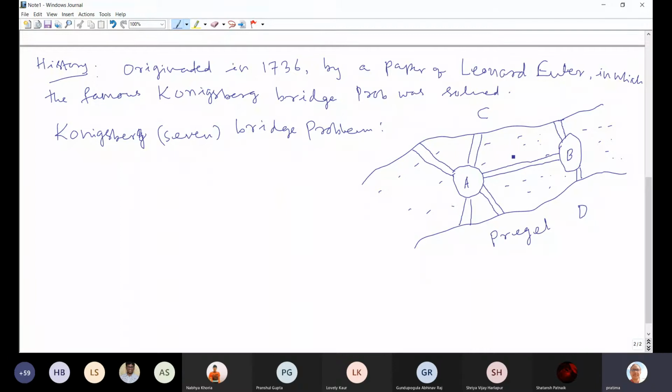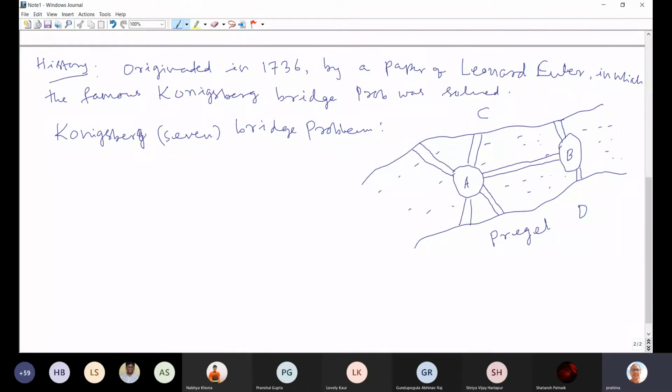So the puzzle here is: start at any of the land areas.